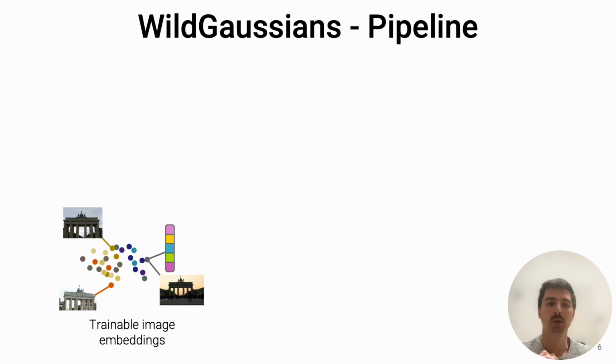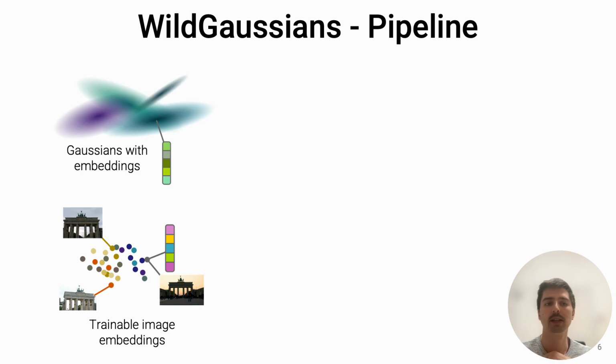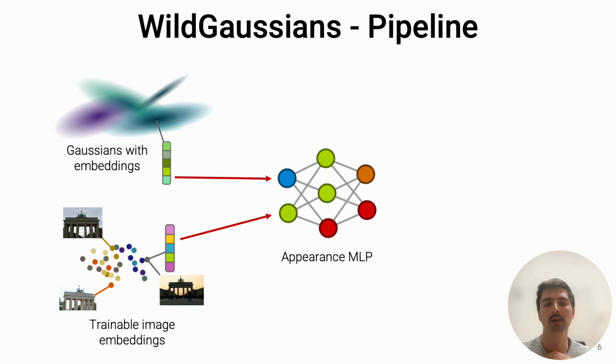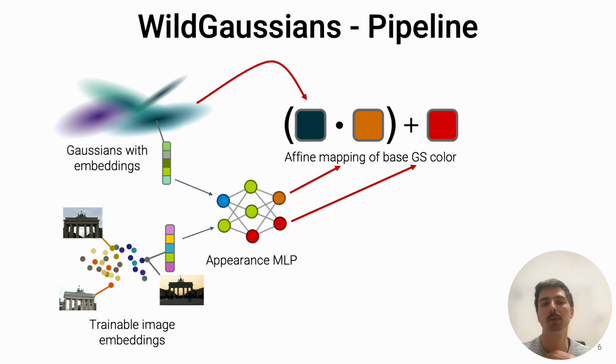So first of all, we added image embeddings to each training image, and then we also added Gaussian embeddings to all the Gaussians. Then we added a tiny MLP which takes as the input the Gaussian embedding and the trainable image embedding, and it outputs an affine color transformation.